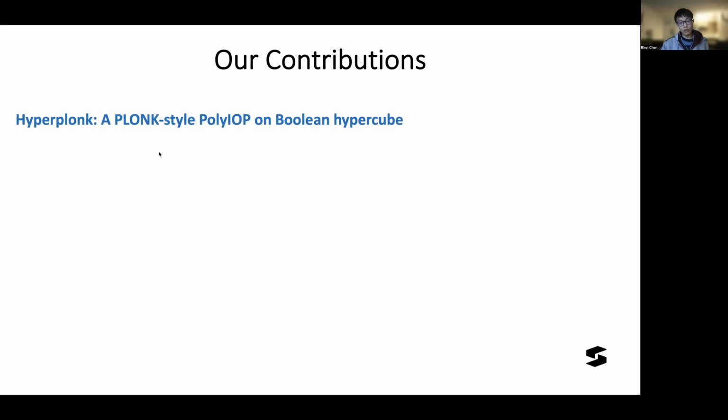So the key result we have is we built a new multivariate poly-IOP that adapts this Plonk univariate IOP into the Boolean hypercube using multilinear commitment schemes to obtain the final SNARKs. The good feature of this scheme is that, first, it's fully linear and highly parallelizable because we fully remove the use of FFTs, which have quasi-linear complexity and can be hard to parallelize when the instance size is large because of really complex memory access patterns.